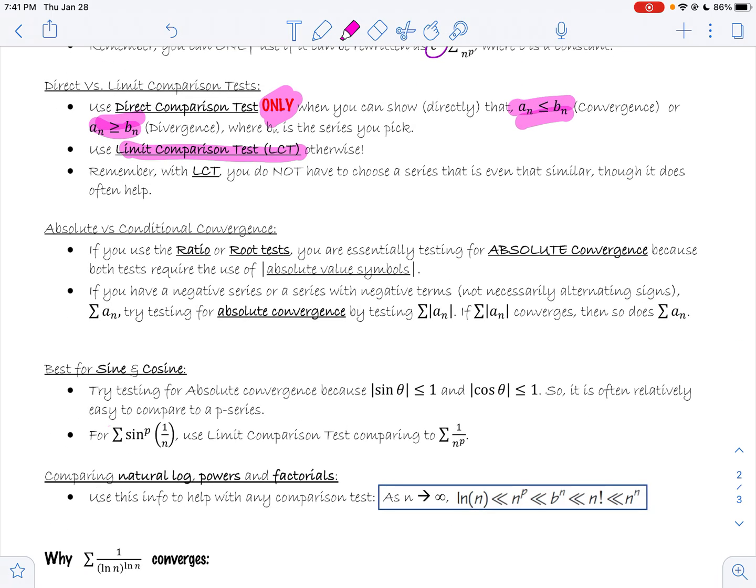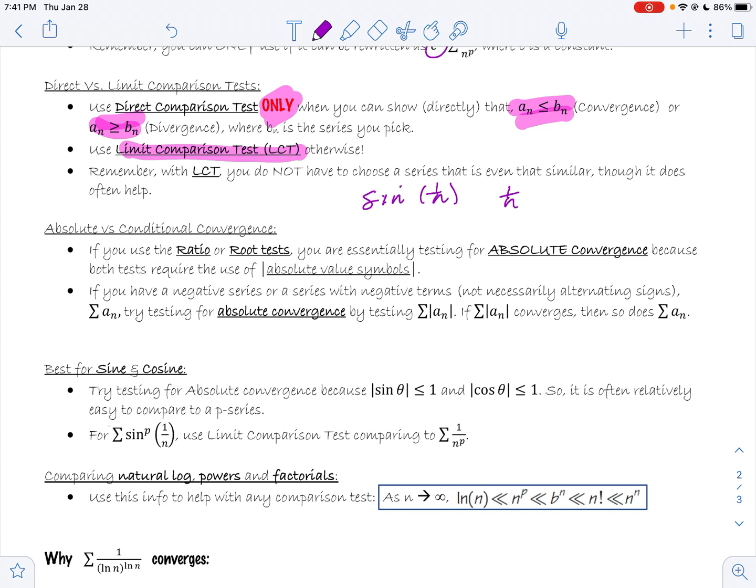All right, and then also keep in mind that with the limit comparison test, you don't have to choose a series that's necessarily similar. There was a problem on the quiz where it said, okay, we want to compare it to something like this, right?